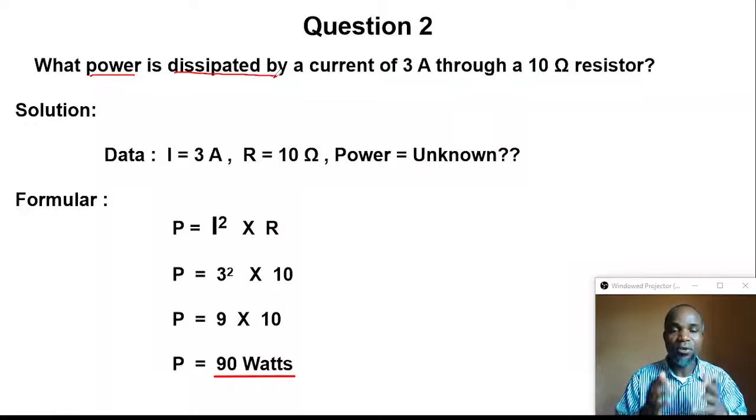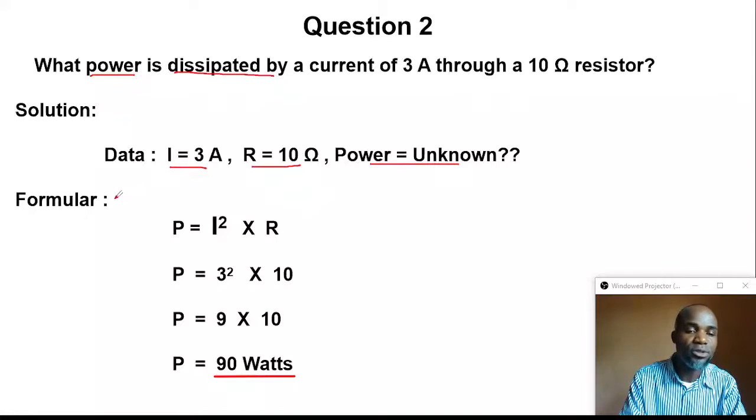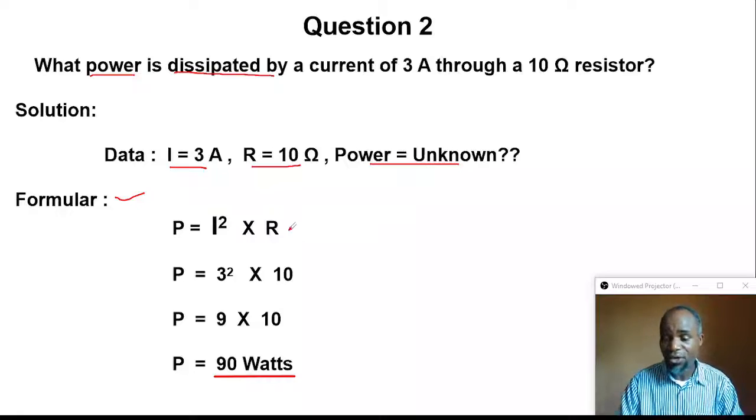We are going to apply the second relation for calculating the amount of power dissipated in an electric circuit. Once again, we write our solution, bring out the data contained in the question, and then find power, because power is unknown. The formula this time is power equals current squared times R, where R stands for the resistance offered in the circuit.